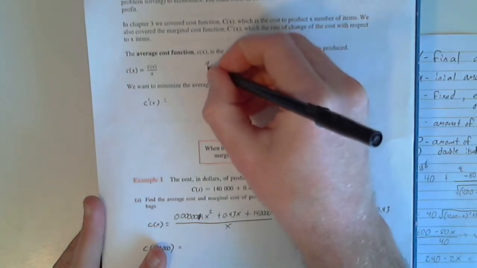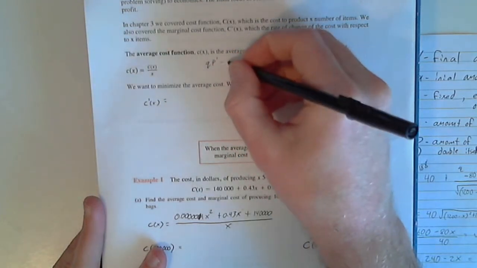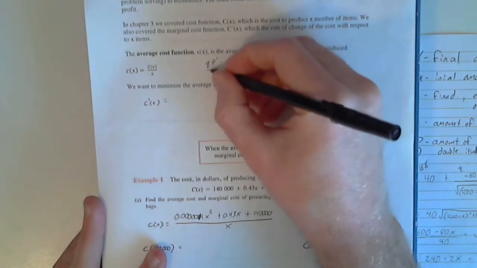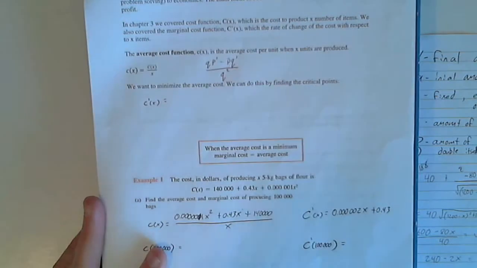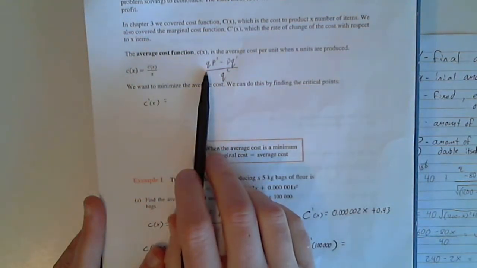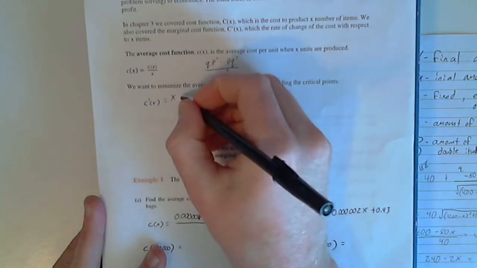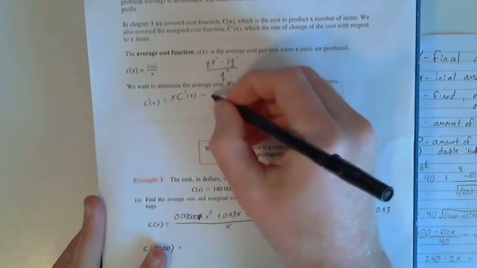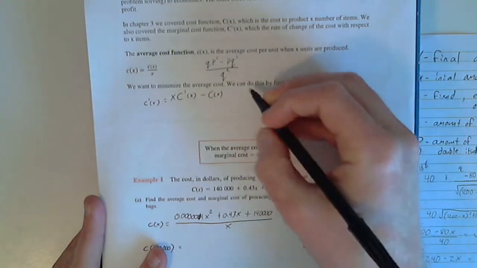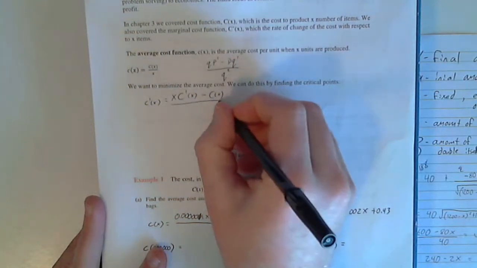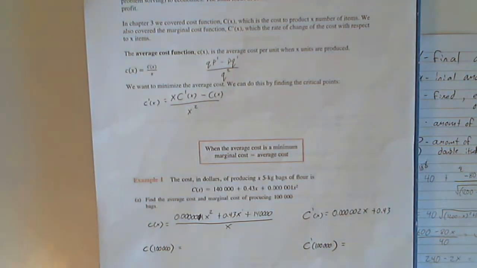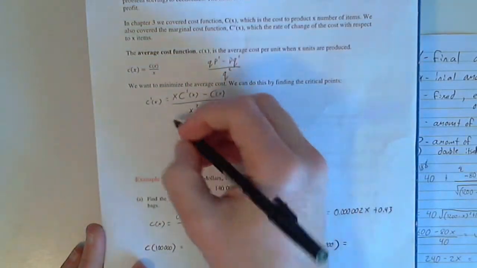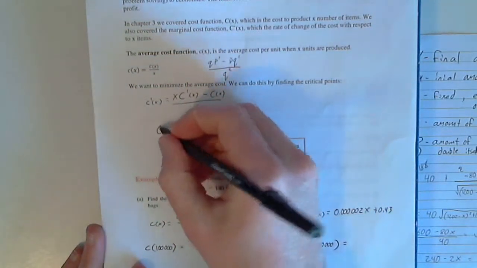It's usually low is q, so qp prime minus pq prime all over q squared. So in this case, it should be x times capital C prime of x minus C of x times just 1 all over x squared. So that's a way of looking at that. And if we're trying to find the minimum or the critical points, we're trying to set little c prime, sorry, to 0.